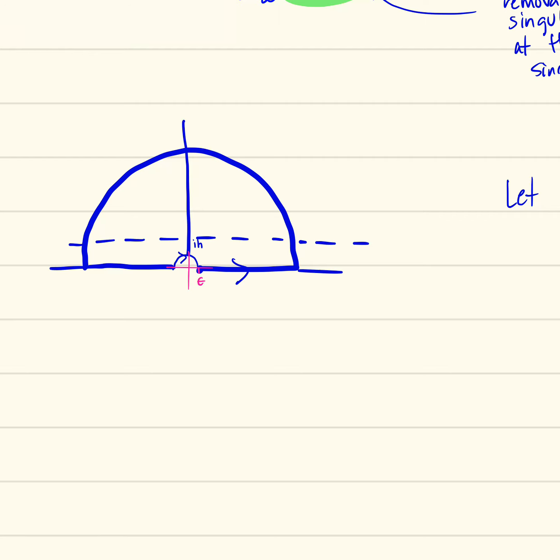Okay, so this is epsilon, this is r, this is negative epsilon, this is negative r, and we've got our semicircle. So our contour starts here, goes around the semicircle, goes this way, and then goes around the little semicircle.